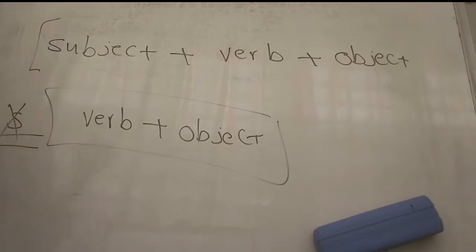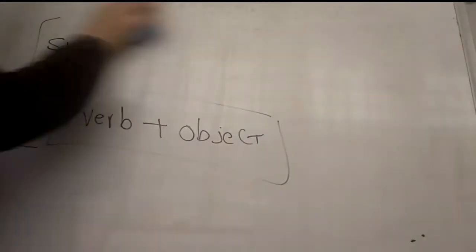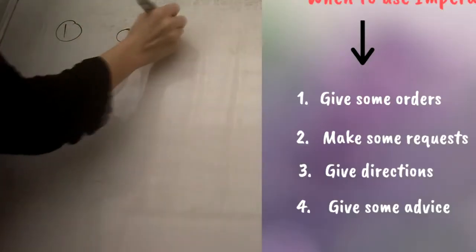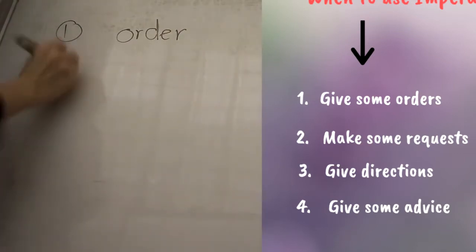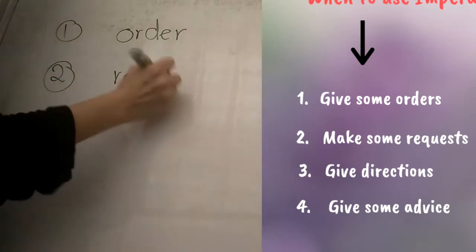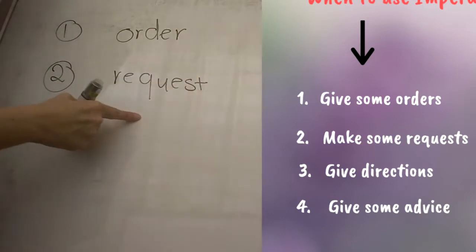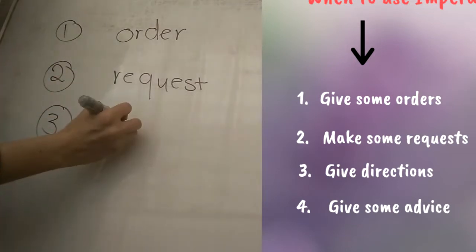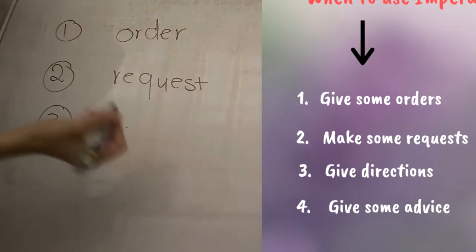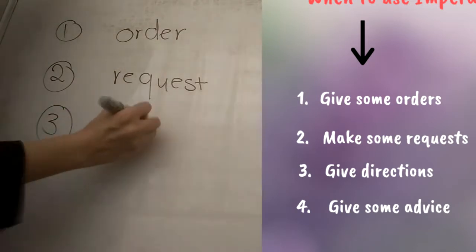The reason is that we use imperative to talk about a few things. If you want to give an order, or if you want to make a request, or if you want to provide directions, or instructions.